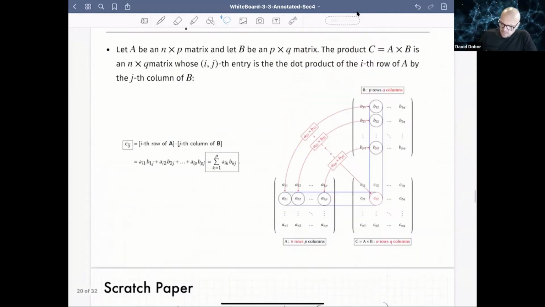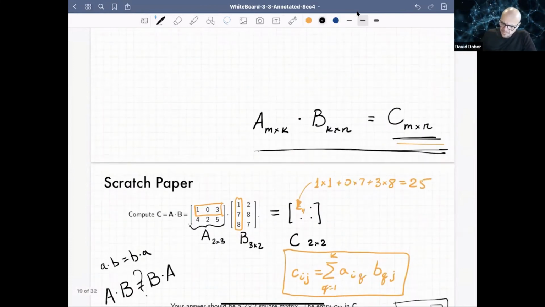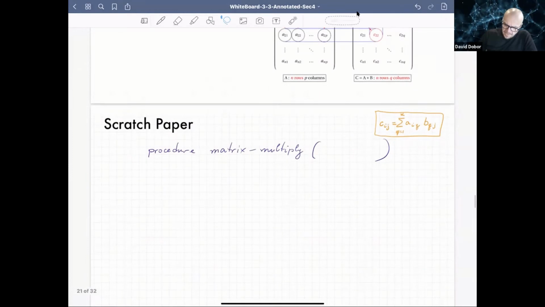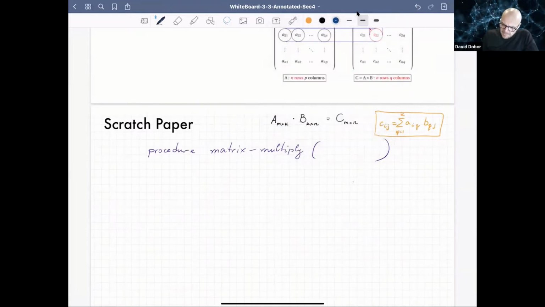Let's also keep the dimensions of the matrices that we are dealing with. Let A be an M by K matrix, and B be a K by N matrix, so that the result that we get is an M by N matrix. So what are the inputs to this matrix multiply procedure?